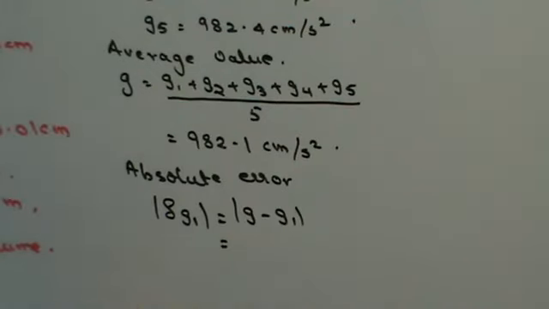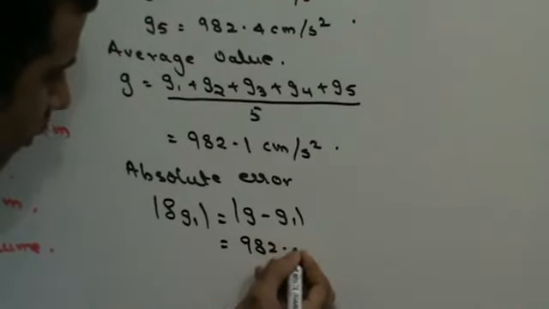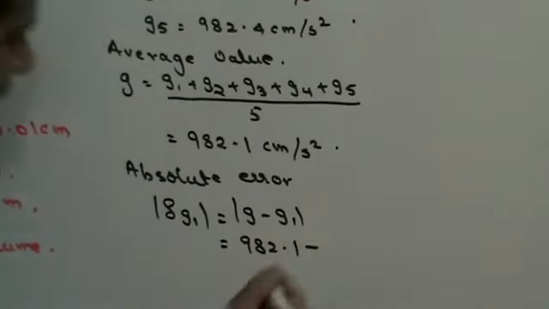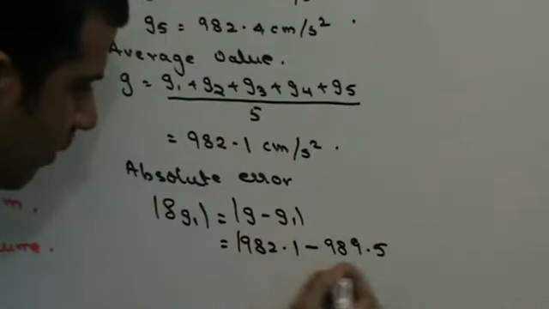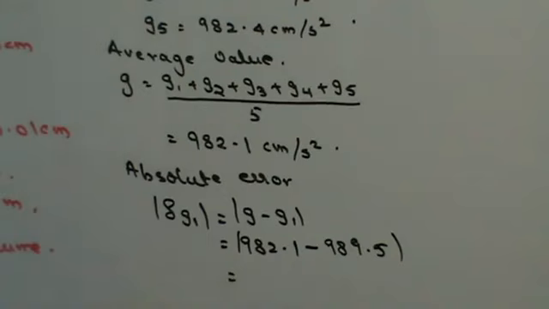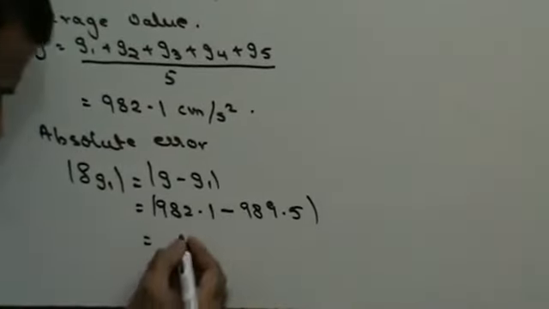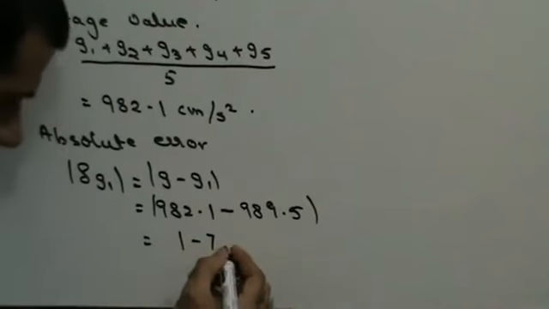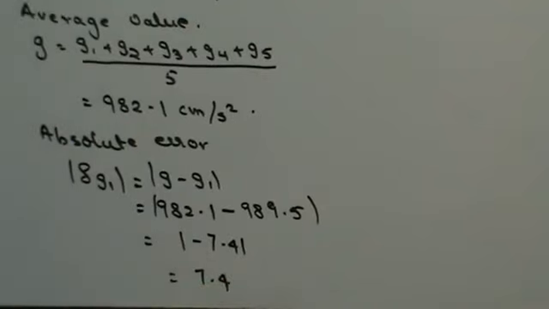G is 982.1 minus G1, 989.5, modulus. Irrespective of whether the answer is positive or negative, you have to write the answer as positive. Like in this case, the answer is negative 7.4 modulus, which will be 7.4.